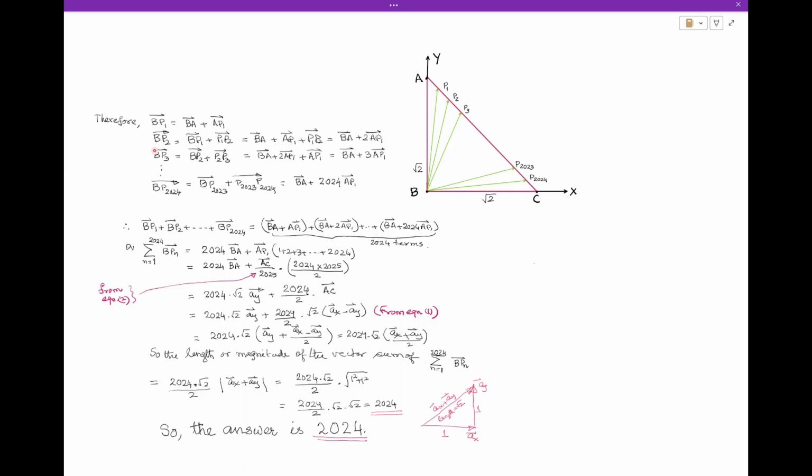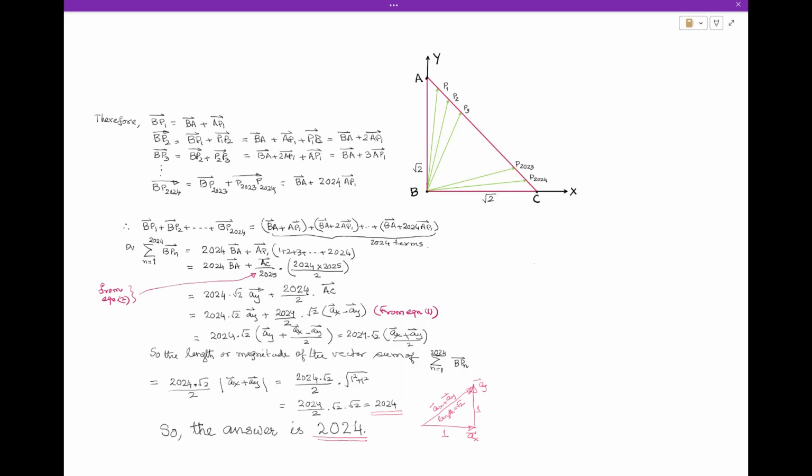And BP2 will be BP1 plus P1P2, and BP1 we have found out here. Therefore, it will become BA plus AP1 plus P1P2, that is equal to BA plus 2 AP1.